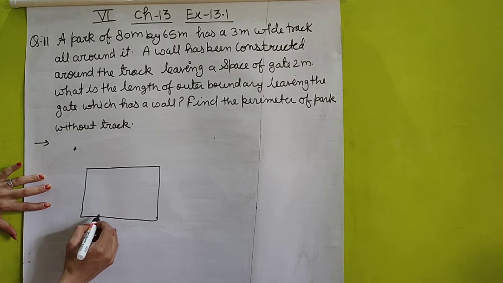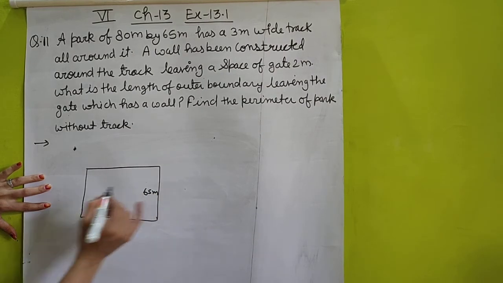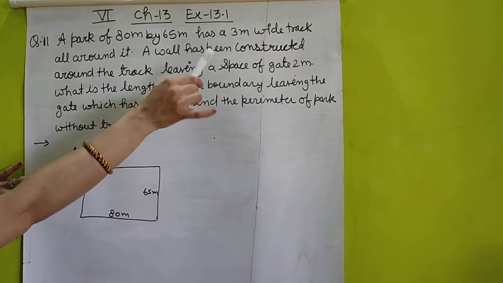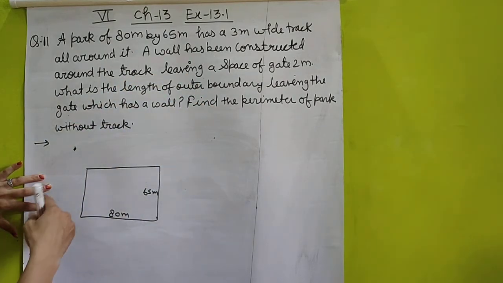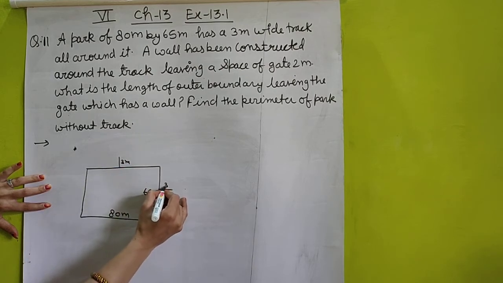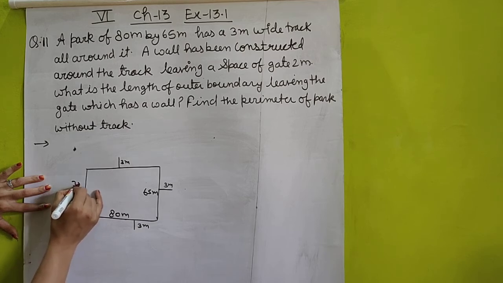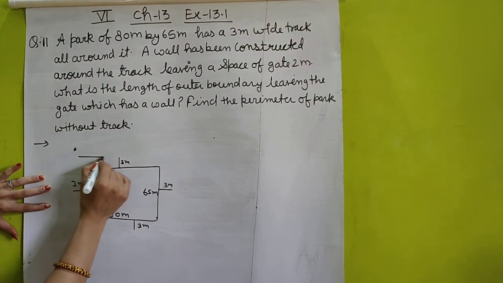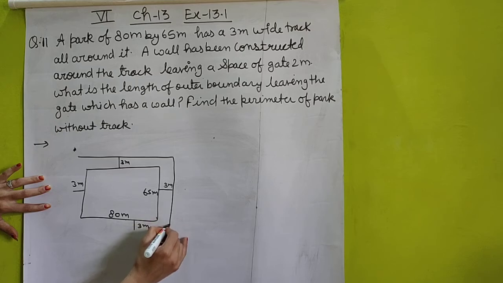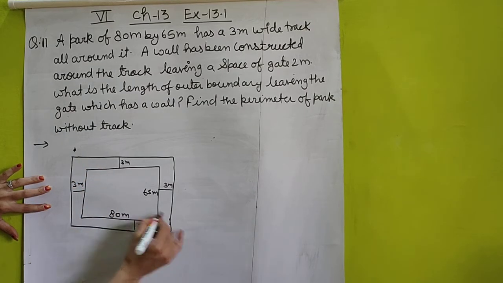This is 80 meter long and 65 meter wide, and it has a 3 meter wide track all around it. So from here 3 meter, from here also 3 meter, from here also 3 meter, and from here also 3 meter wide track it has. 3 meter wide track all around it.